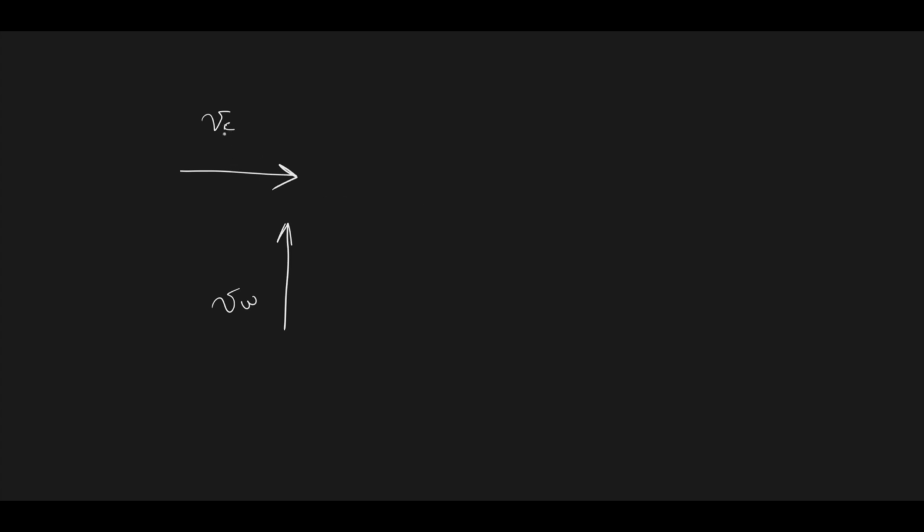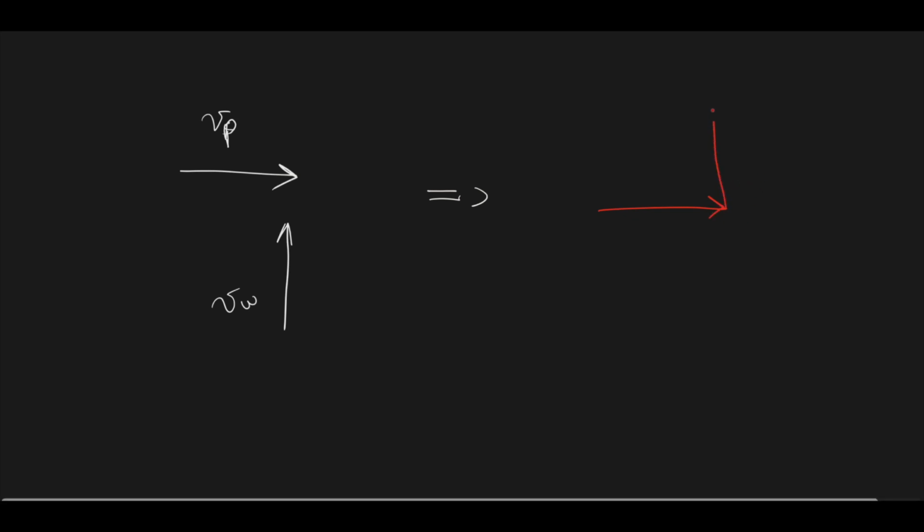Let's say a plane, because cars do not usually move much when there is wind. To find the resultant, we bring the vectors to each other like this, where this is the velocity of the wind and this is the velocity of the plane. I bring them close to each other, and the resultant velocity is going to be this. So this is the velocity of the plane with the wind.